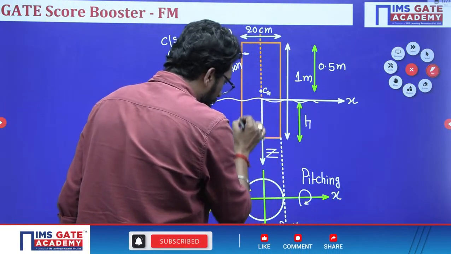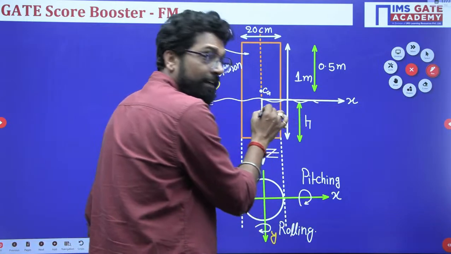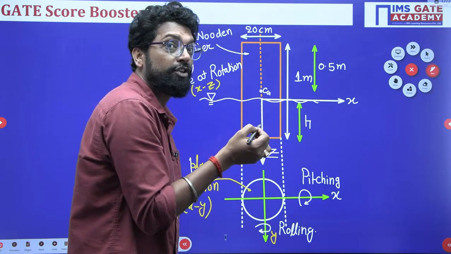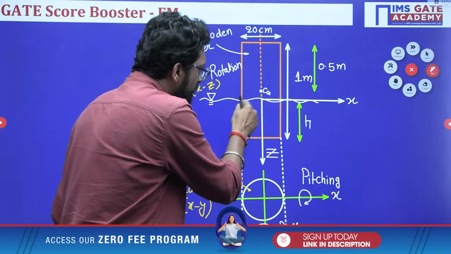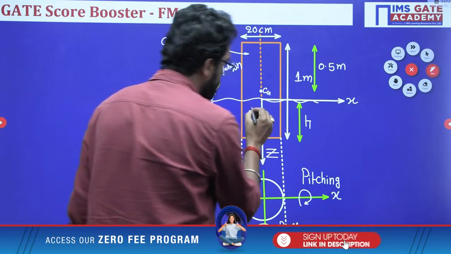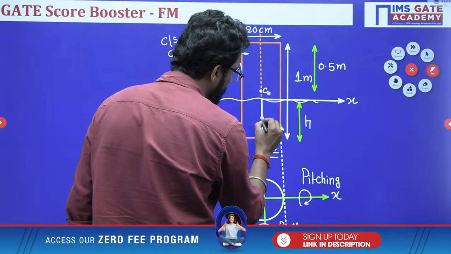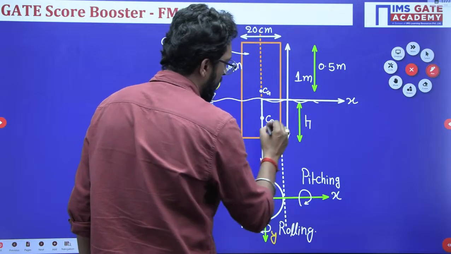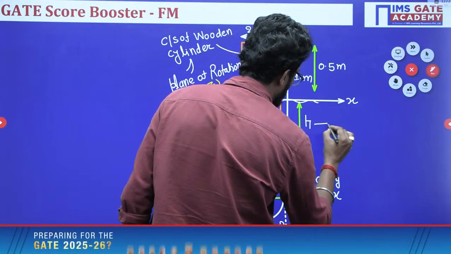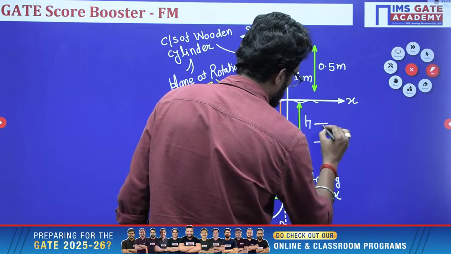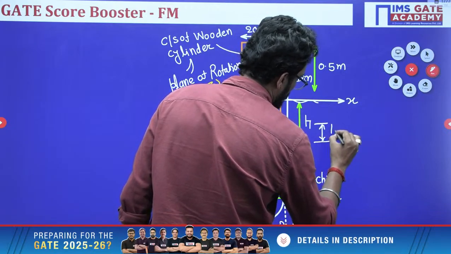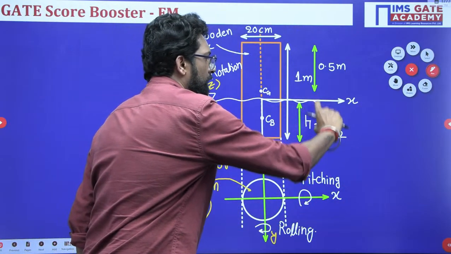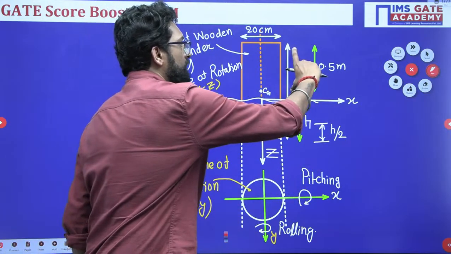And the portion which is inside, that is the fluid displaced. So this much amount of the fluid is displaced. So CG of this one is here. This is the center of buoyancy, CB, at small h/2 from the base.